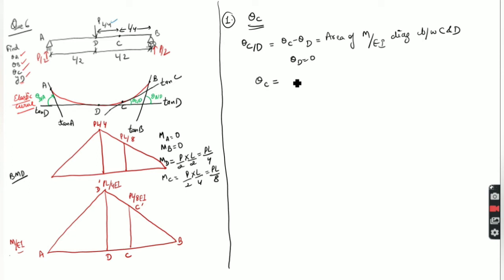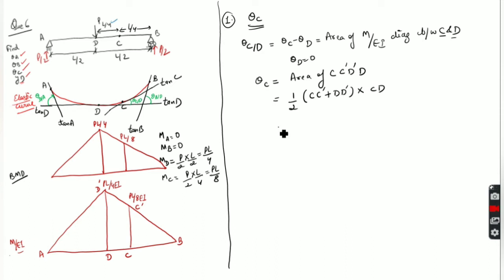So see here the M by EI diagram. Between C and D we have this trapezium C, C dash, D dash, D. The formula for area of trapezium is half the sum of parallel sides into the vertical distance between the parallel sides. So it will be half into parallel sides CC dash and DD dash, and the vertical distance between them is CD, right?